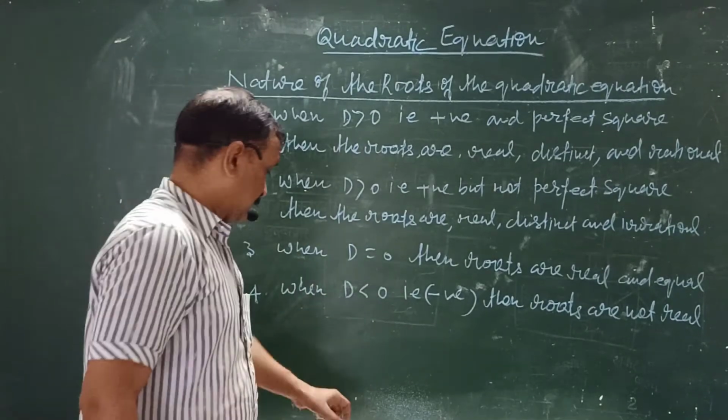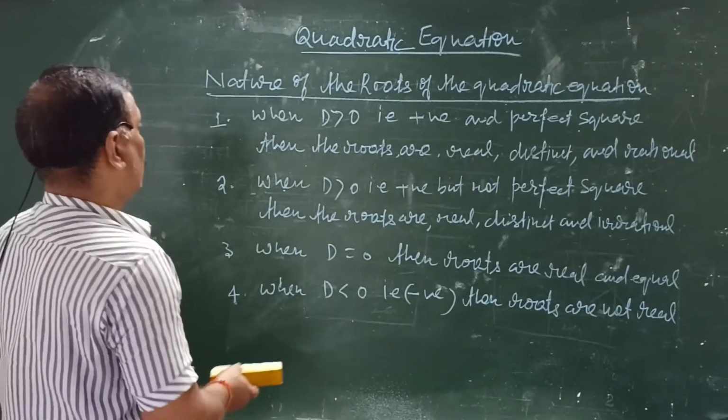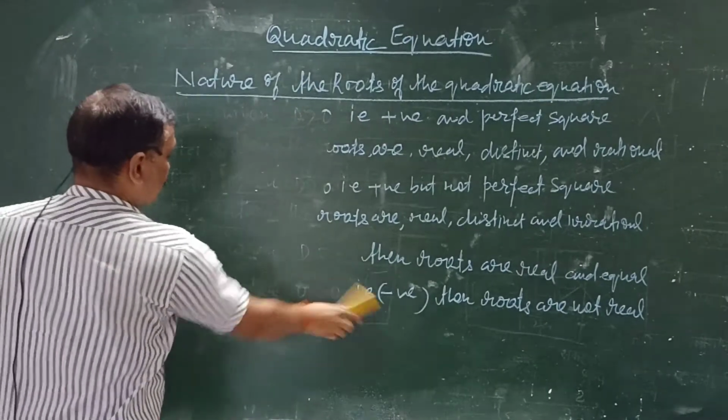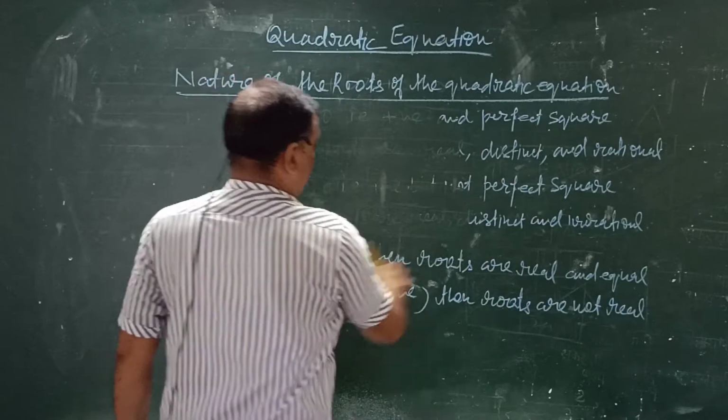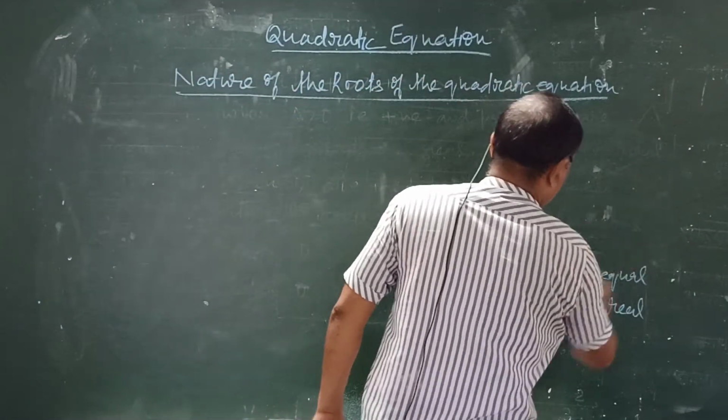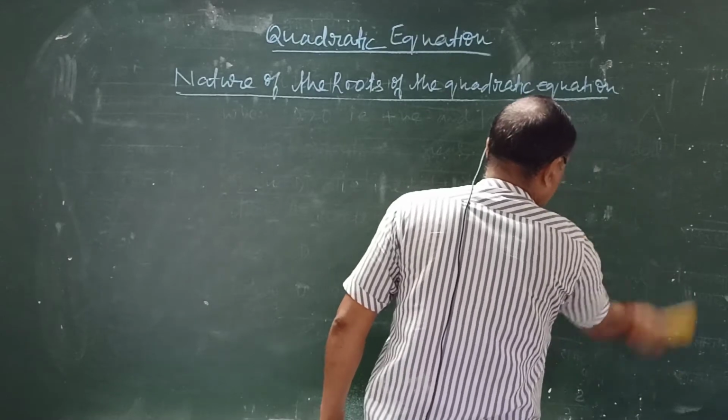Now we discuss the other formulas of the quadratic equation: sum of the roots and product of the roots. There are two roots of the quadratic equation.